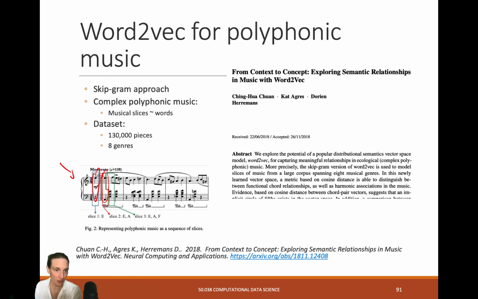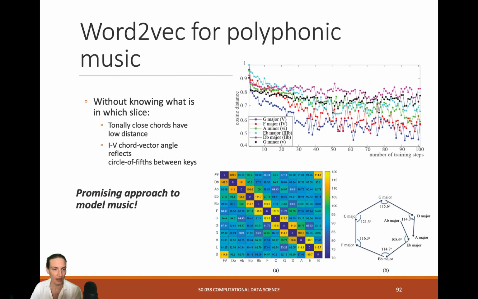These musical slices become words, and then we do the exact same approach as how to train Word2Vec. We had 130,000 pieces in 8 different genres. Often music research constrains itself to one particular genre, but we decided to do all of the genres at once. And the results were actually quite encouraging.